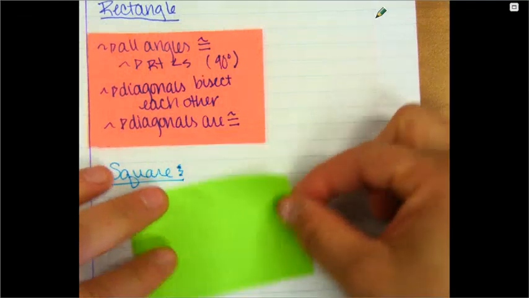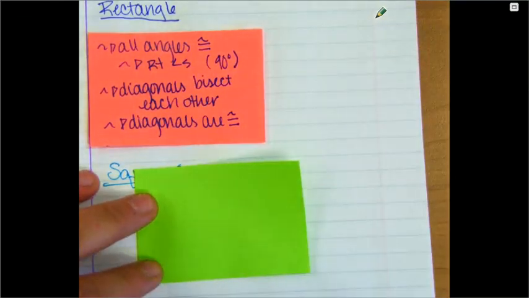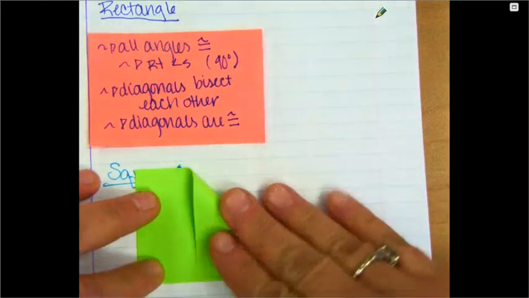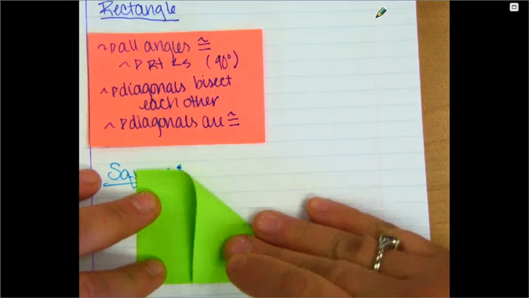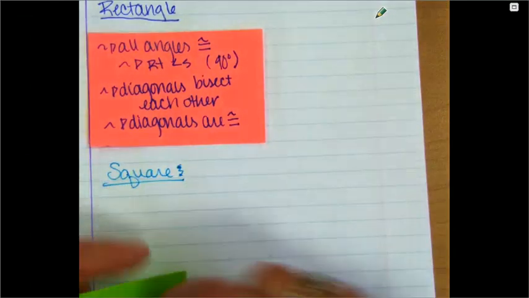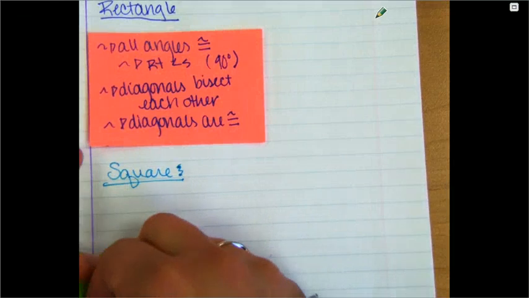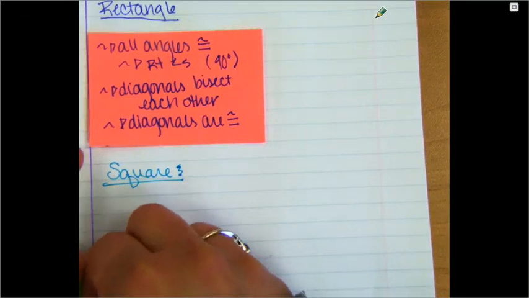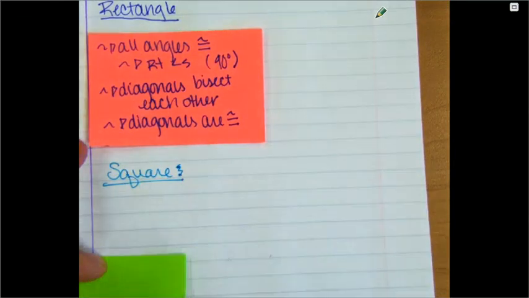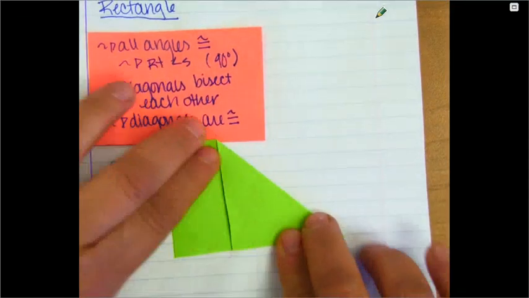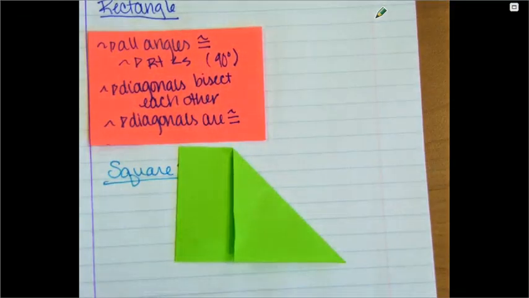Alright, so what we're going to do is this. You're going to take a corner. It doesn't matter which corner. I'm going to pull the top corner down, and I'm going to fold it all the way so it's even to the bottom. Just as long as you end up with something that looks like this. And then you're going to cut the rectangle off.